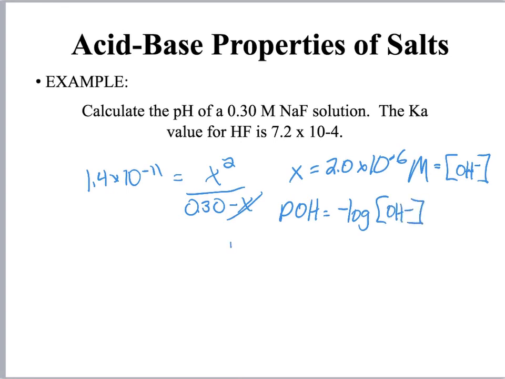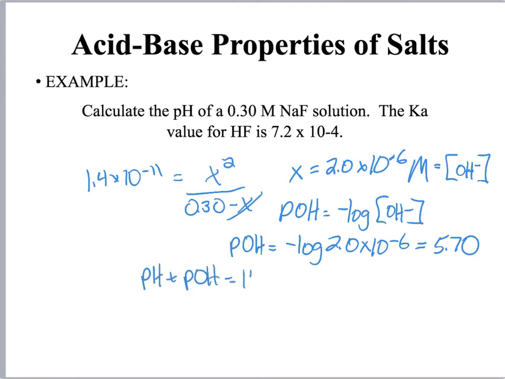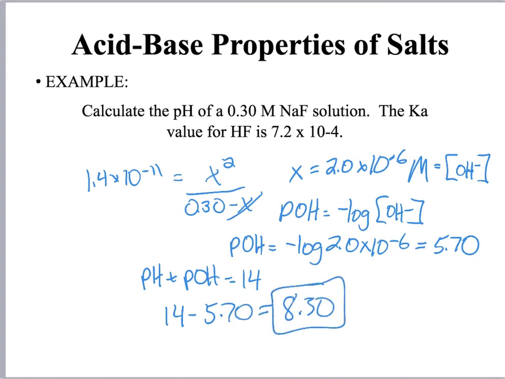So we know that the pOH is going to be equal to the negative log of 2.0 times 10 to the minus 6, which is equal to 5.70. So pH plus pOH equals 14. 14 minus 5.70, that's how you get the final pH, which is 8.30 here.